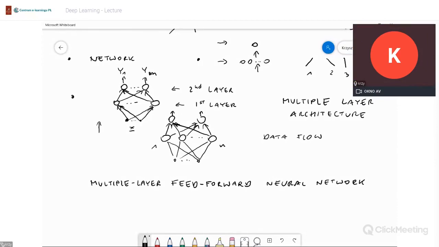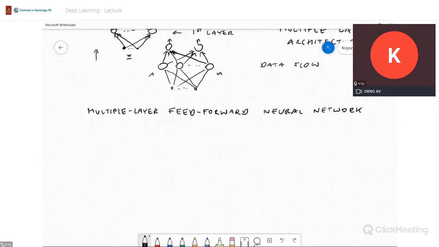I draw once again this architecture. So I have inputs, and this input vector is presented to my first layer neurons. So these are neurons of my first layer. So I will be presenting these inputs this way.